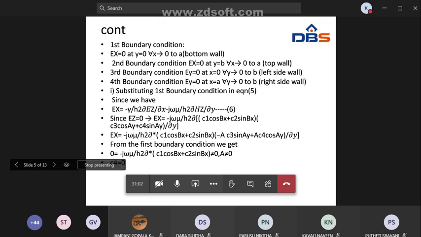Then you will get Ex equal to minus j omega mu by h square, C1 cos Bx plus C2 sin Bx, times minus C3 a sin Ay plus a C4 cos Ay.